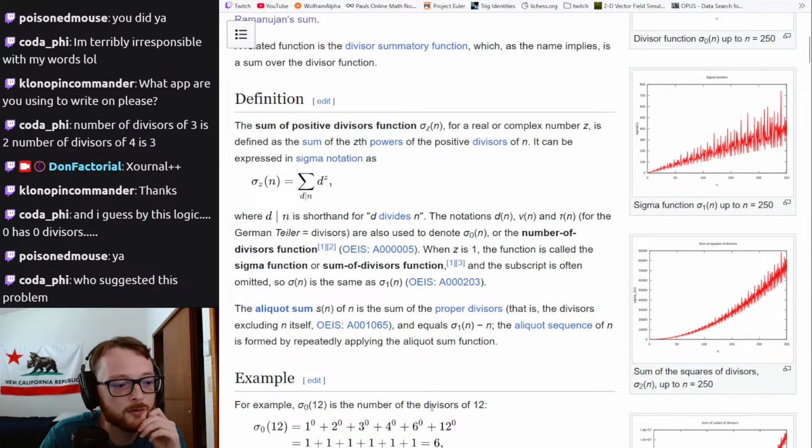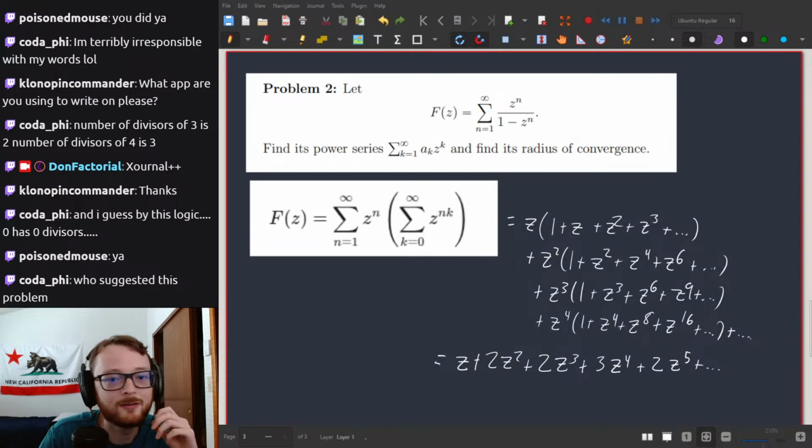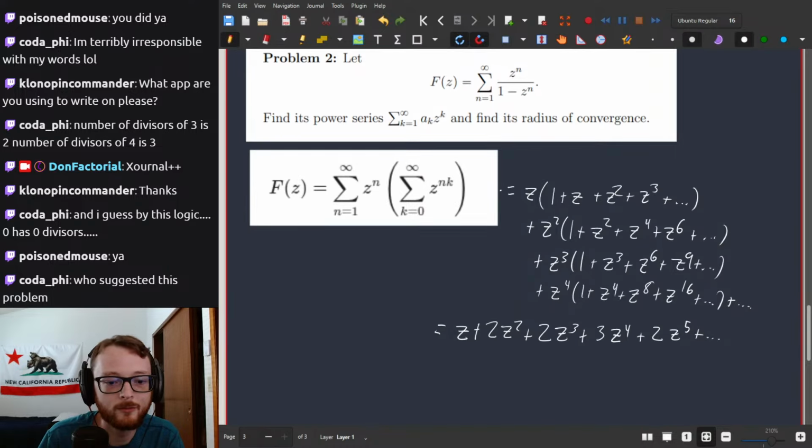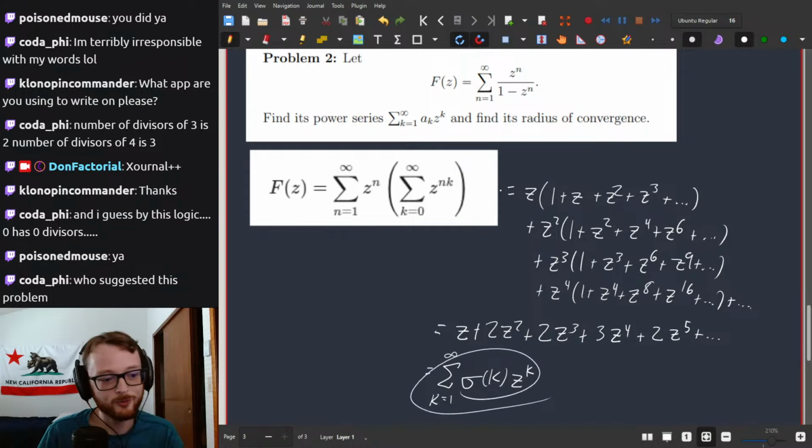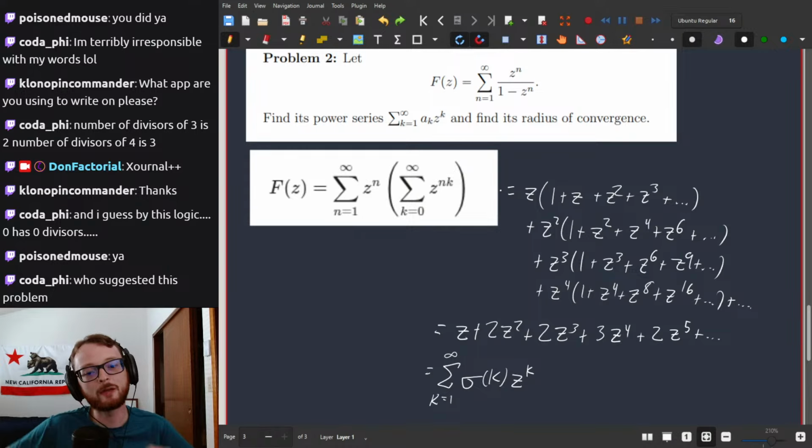I don't think there's another way of doing this. I think that's the answer? Question mark? Oh, we haven't found the radius.